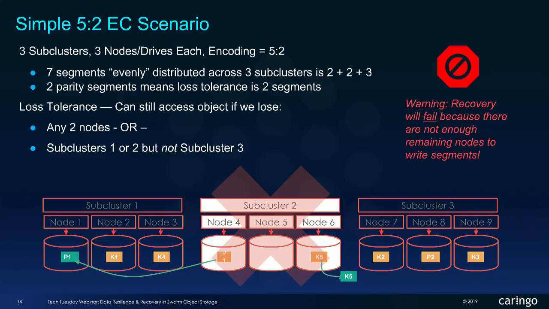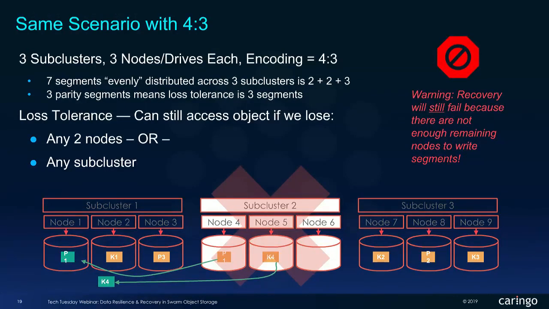So this is a design decision. As you look at 5:2, you want to look at what are the places to store those segments and what does the distribution look like after a single chassis has failed. You can change the encoding a little bit. Let's look at a 4:3 encoding. So 4:3 is still 7 segments and it's still distributed 2, 2, and 3.